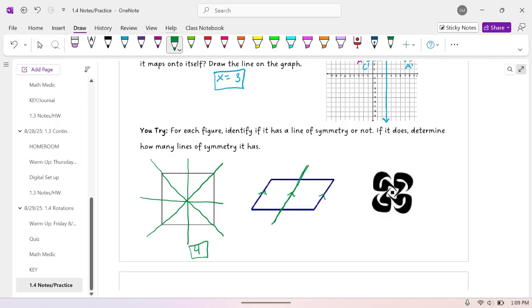But this line right here, it's a transversal. It's also a parallel line. So if we think about parallel line properties, that means that this angle would be congruent to this angle because it's corresponding. Same thing here.